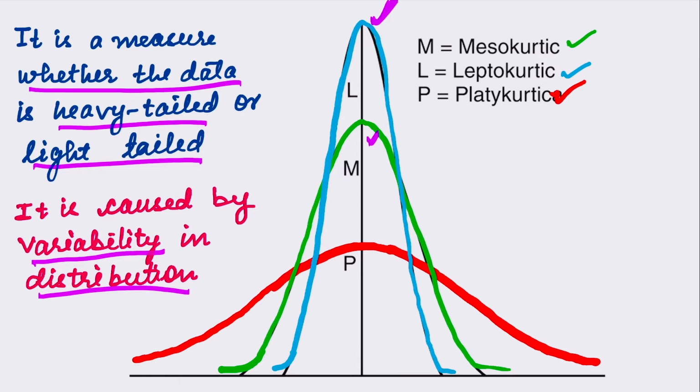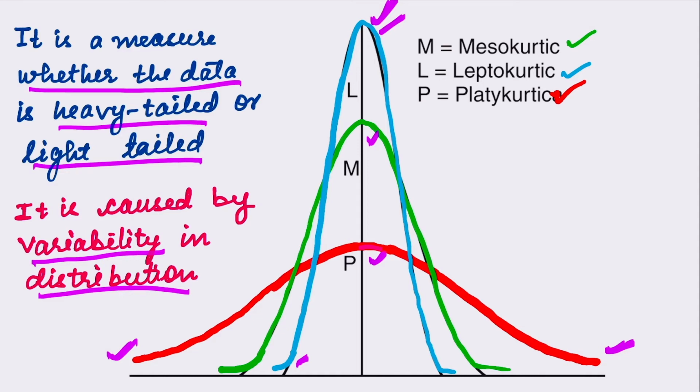And if the concentration in the center is comparatively less still, then the curve becomes platykurtic, and the red line curve appears. Concentration in the center is less, and then we have this tail here. Since the concentration in the center of the blue line is more, you can see the tail here.